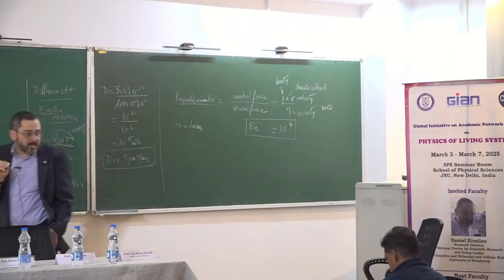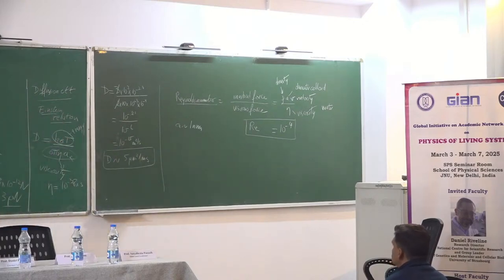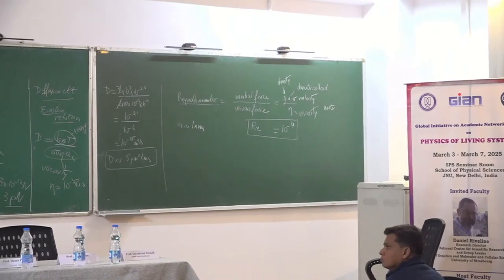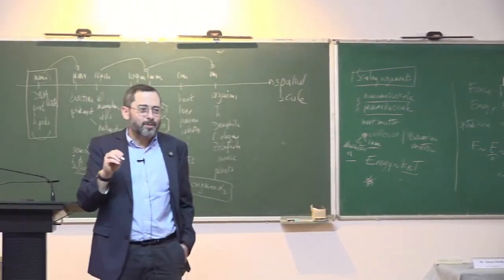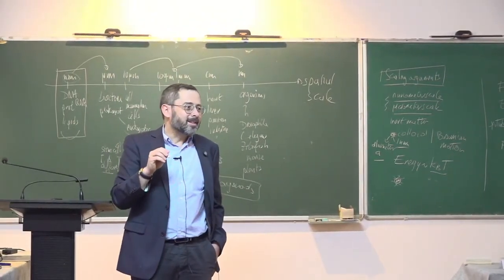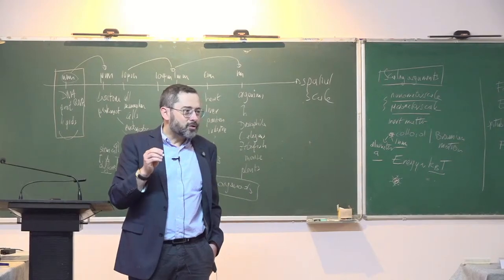So it means that if I take a colloid of size 1 nanometer, I have a Reynolds number of 10 to the minus 4. As a consequence, all the life at low Reynolds number, which is the title of a famous article by Purcell, is with inertia or without inertia?